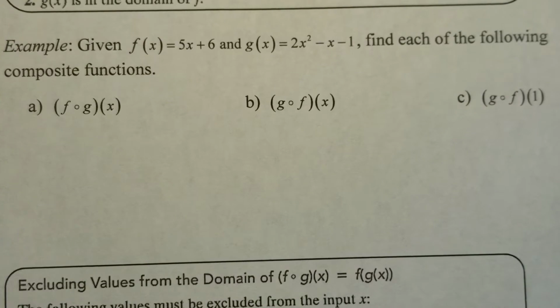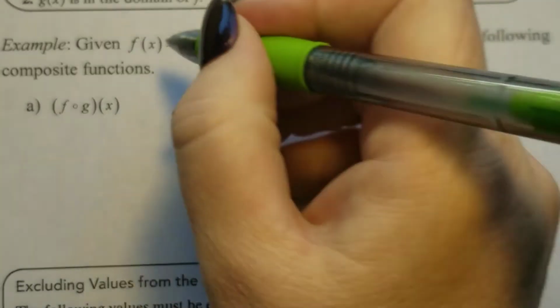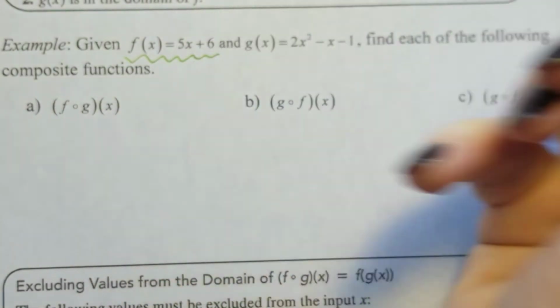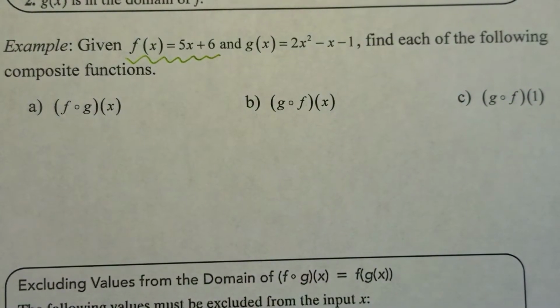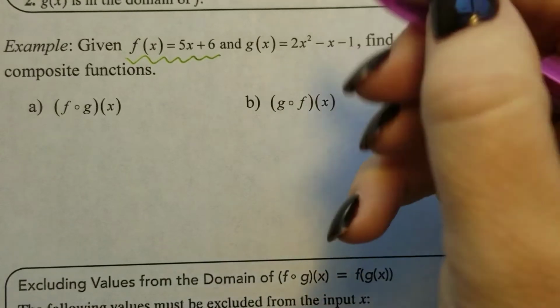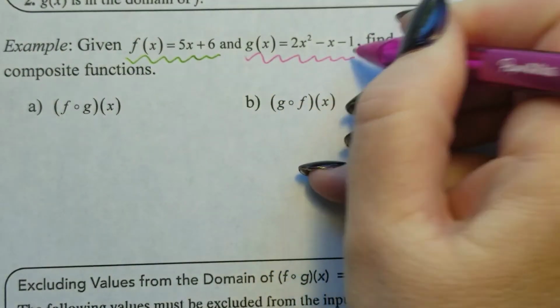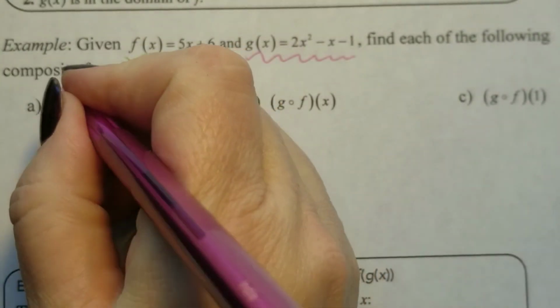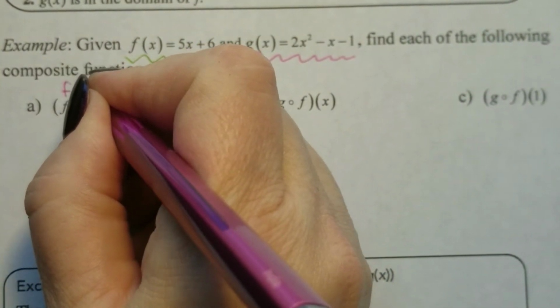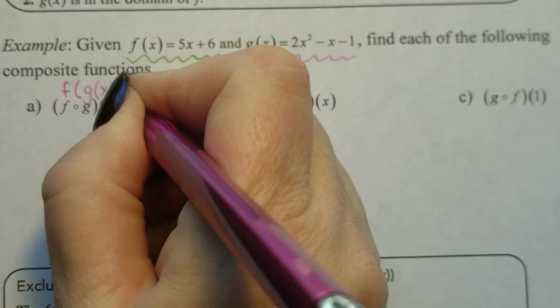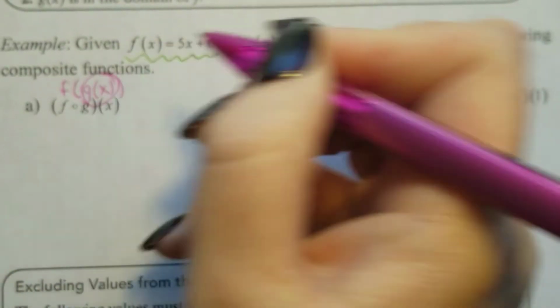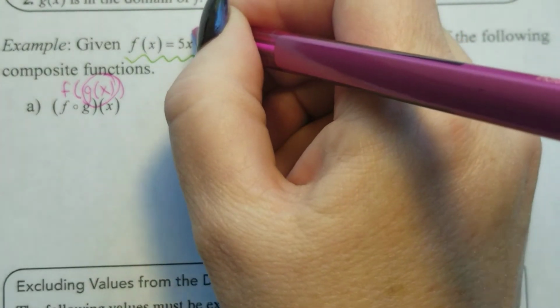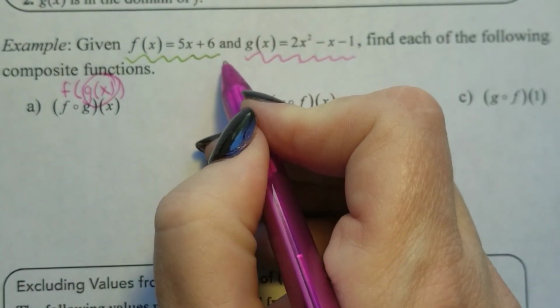So we're going to be given f of x is equal to 5x plus 6. And we're going to be given, let's just do this color, g of x is 2x squared minus 1. So if I'm doing f of g of x, or we can write that as f of g of x, we're going to take g of x, this one, and put it in to 5x plus 6.